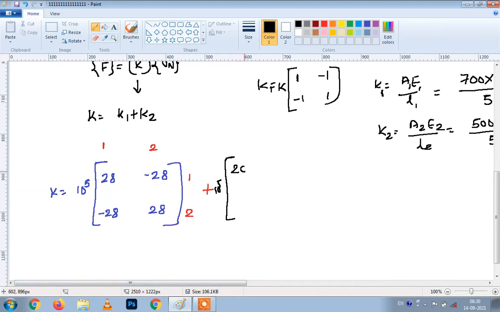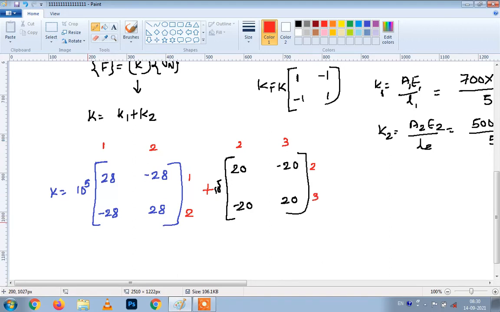So 20 minus 20 minus 20 20, and here the degrees of freedom are 2 3 2 3.